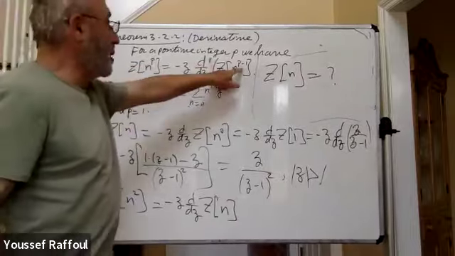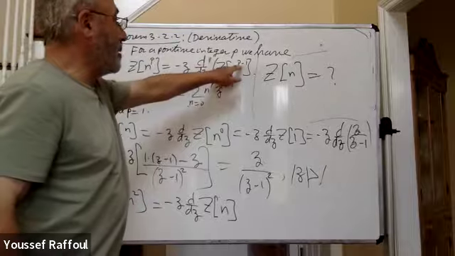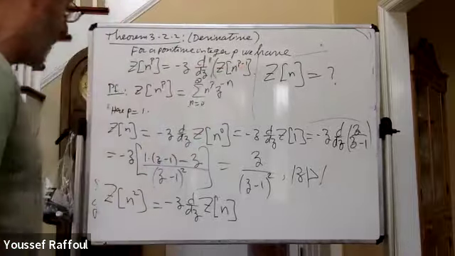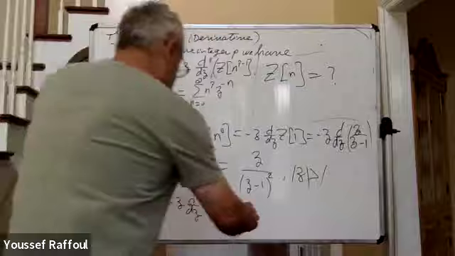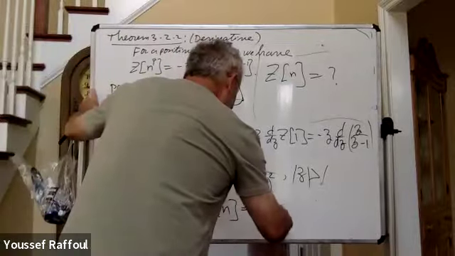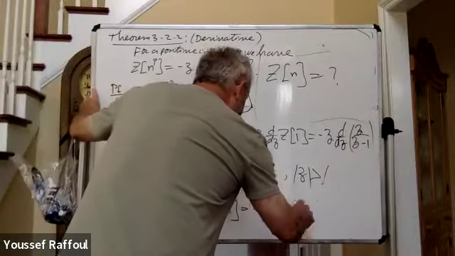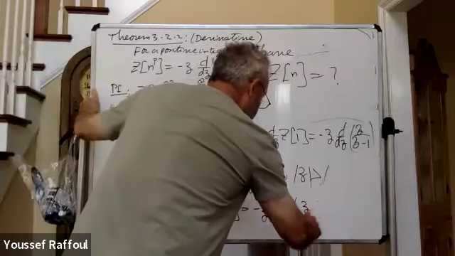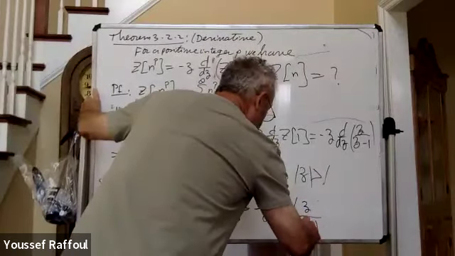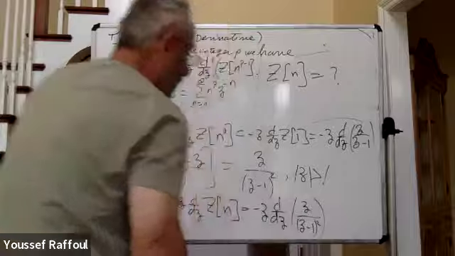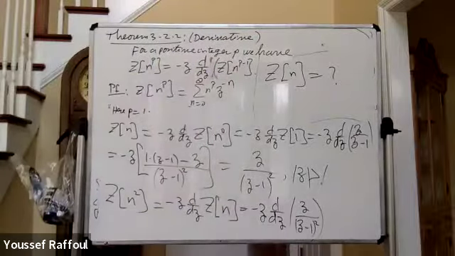If p equals 2, you get Z of n^1. So what is Z of n? So that is minus z times d/dz of z over (z minus 1) squared. And you can figure it out. You can take the derivative again. Okay?